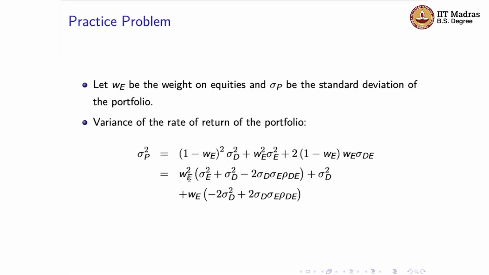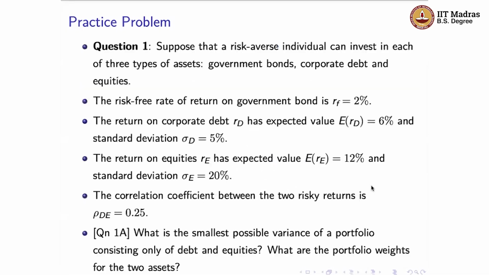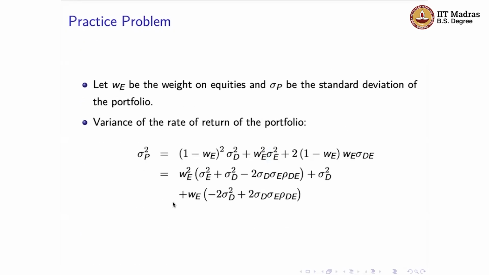So we have the weight of the equity squared. The coefficient of the squared term comes from two places: one from this part, which will be sigma squared D, then another from here, which is sigma squared E, plus minus 2 times sigma DE. Now, for sigma DE we have the information in terms of the correlation, so we can rewrite sigma DE as the correlation multiplied by the product of the standard deviations. And that is what we have here, right?